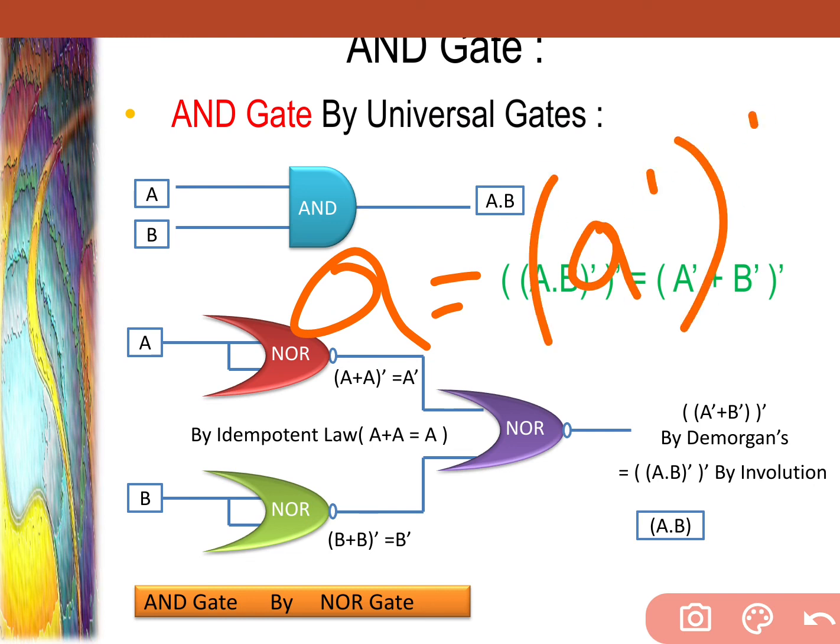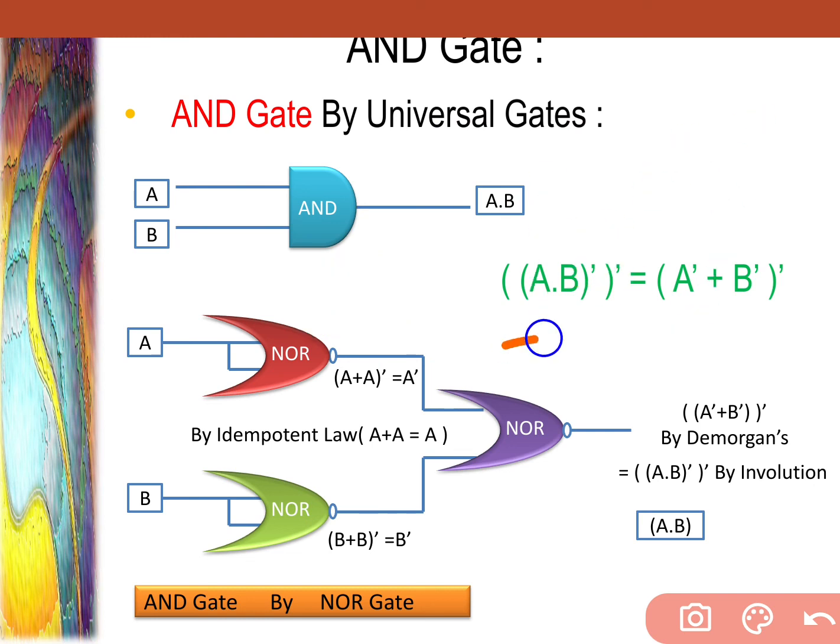We can write this. Same funda I am applying here. We are having A dot B. I am negating A dot B with again one more negation, because when we cut it, we get A dot B. Both are the same thing. I can write in this way or in this way. Both are the same thing. See?